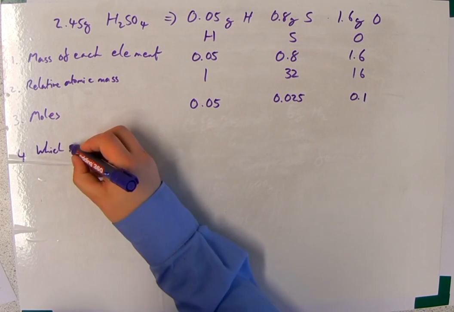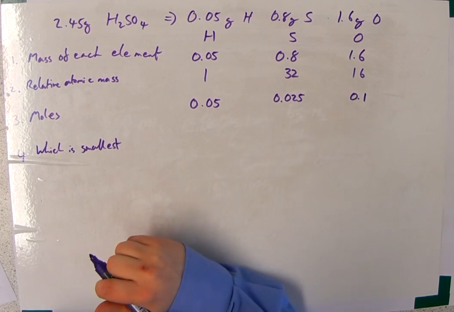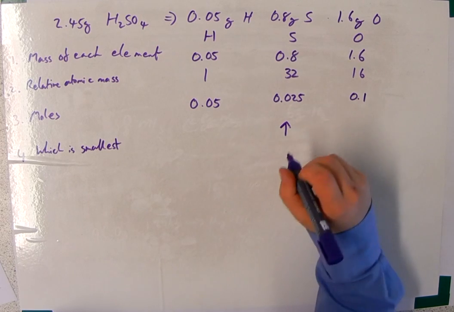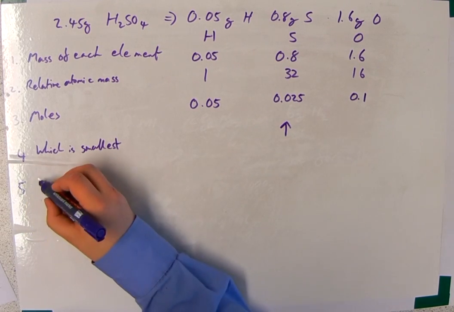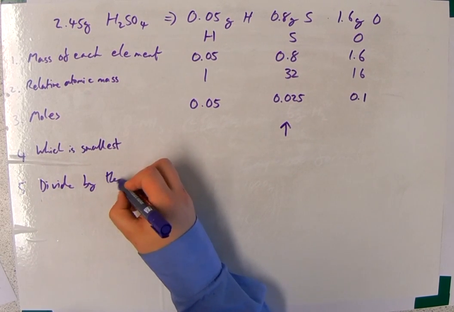Step 4, which is smallest. Now, you should always get ones that work out nicely at this point. Sulfur is our smallest, 0.025. And then stage 5 is to divide by the smallest.